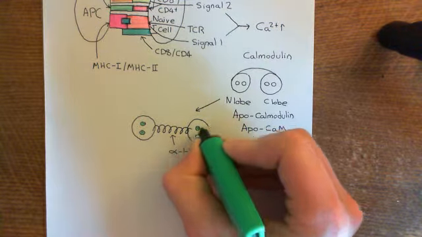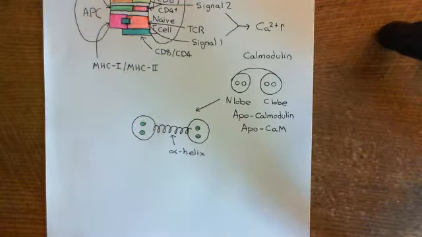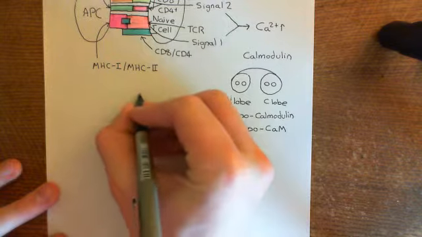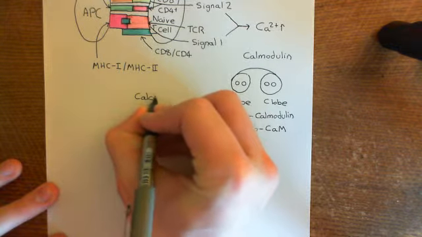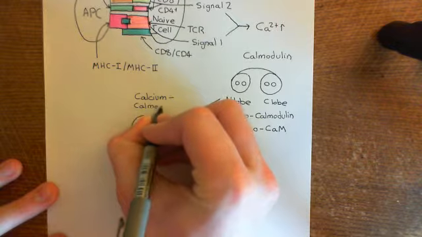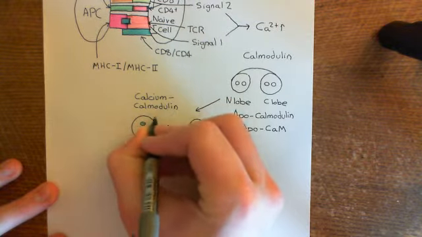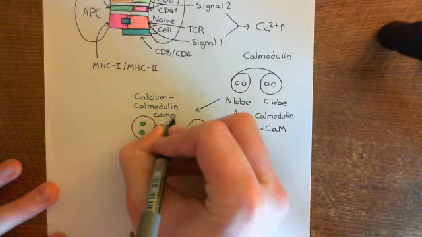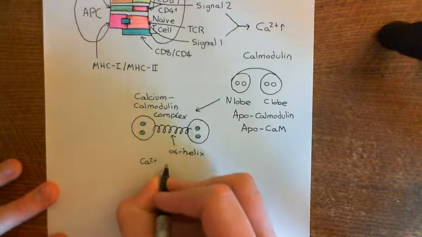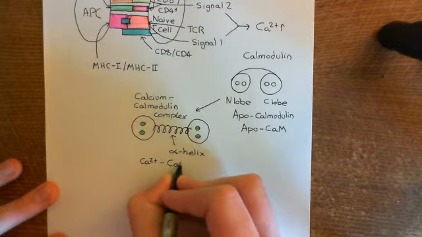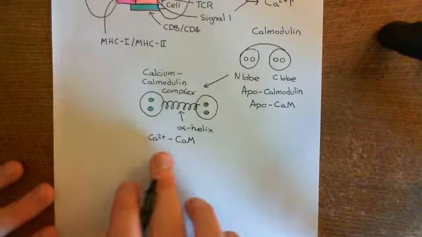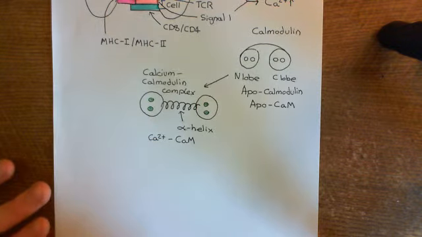So one's here, one is here, and one is here. So 4 calciums overall bind to the calmodulin, and this creates what is known as a calcium calmodulin complex. Okay, and the abbreviation for a calcium calmodulin complex is to call it a Ca2+ for calcium, okay, and then CAM for calmodulin, and that's the abbreviation for a calcium calmodulin complex, Ca2+ CAM.